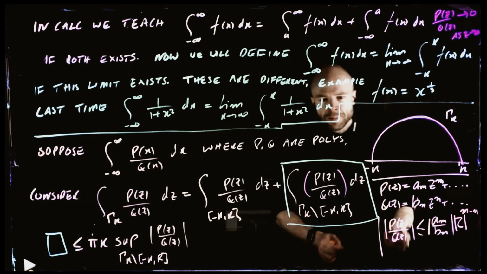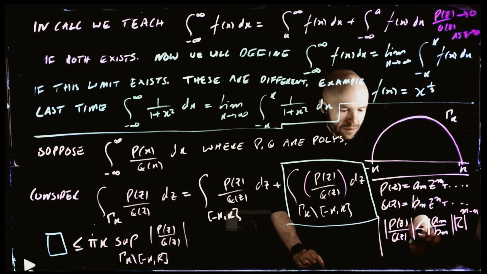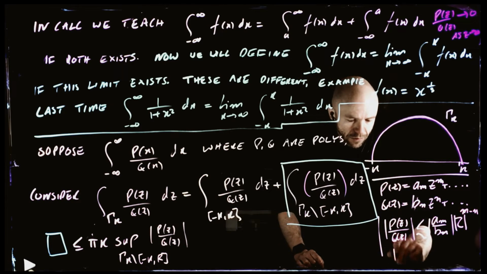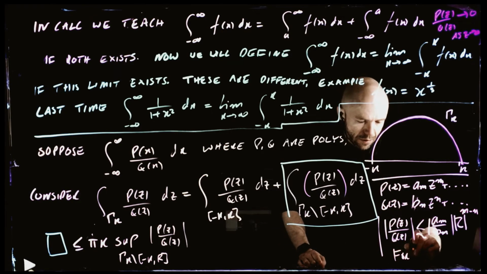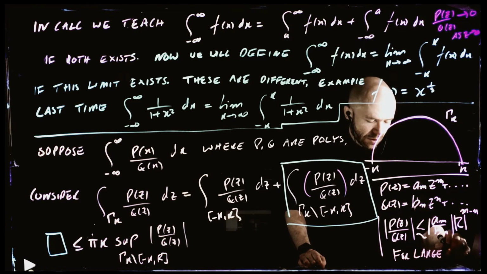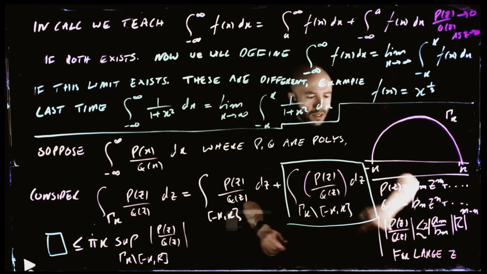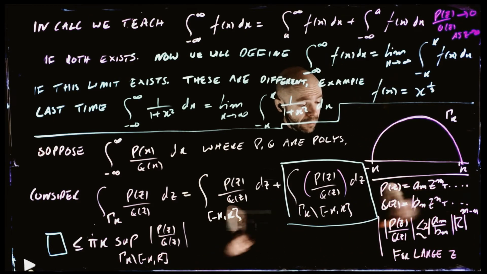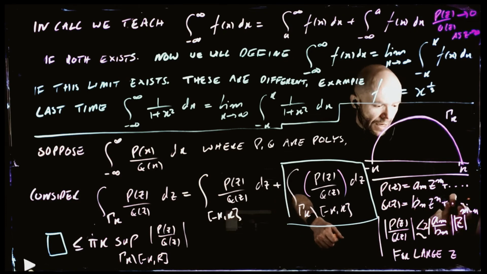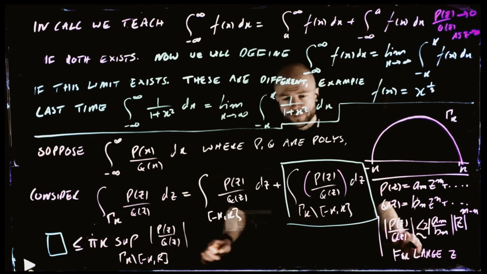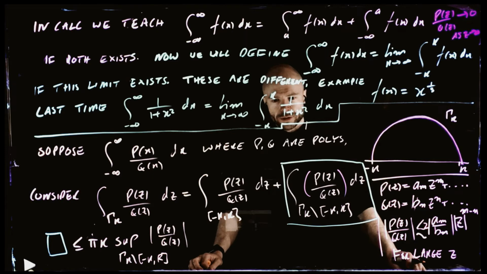Yeah? And m minus n, let me put an example for very large z. And let me even put a 2 here just to make sure it's true. So for very large z, this will be true. And m minus n has to be an integer. Yeah? Has to be an integer.